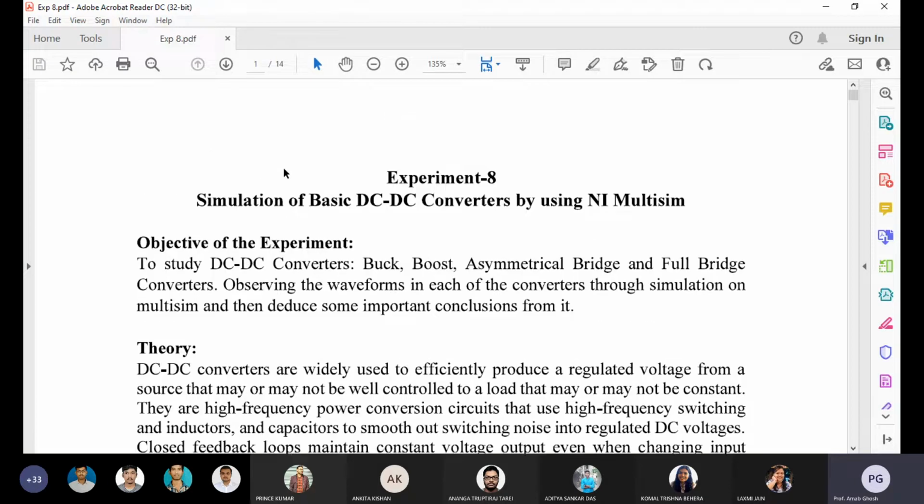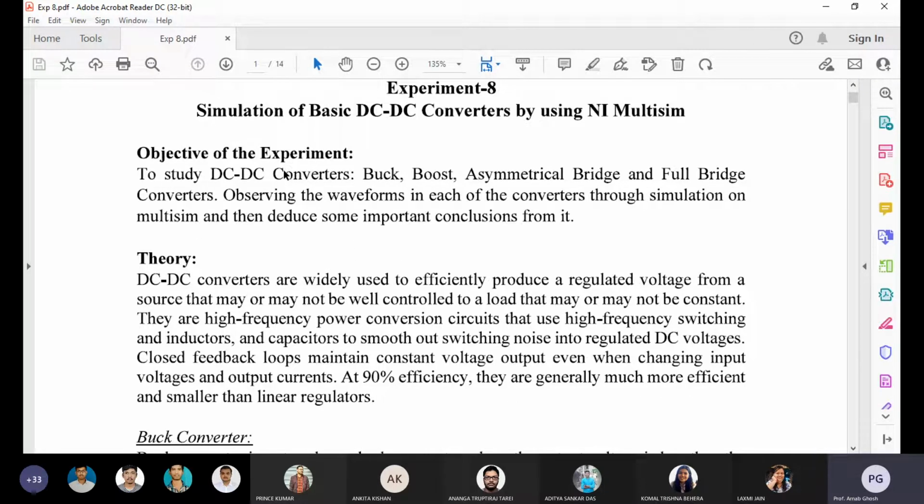Our next simulation is the simulation of basic DC-DC converters. What are the basic DC-DC converters? You know the buck converter, boost converter, buck-boost converter, as well as half bridge and full bridge converters. These are all very basic DC-DC converters.